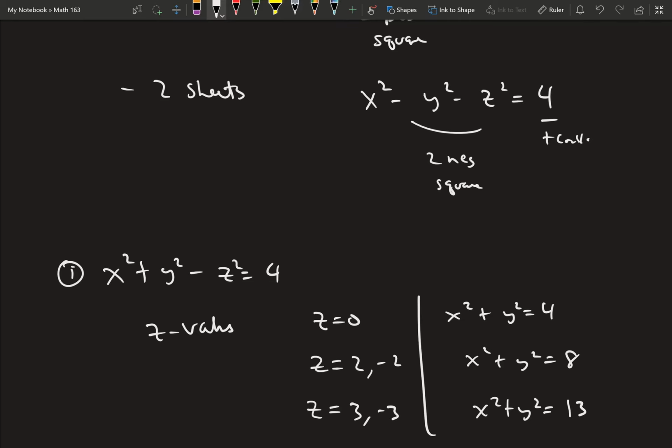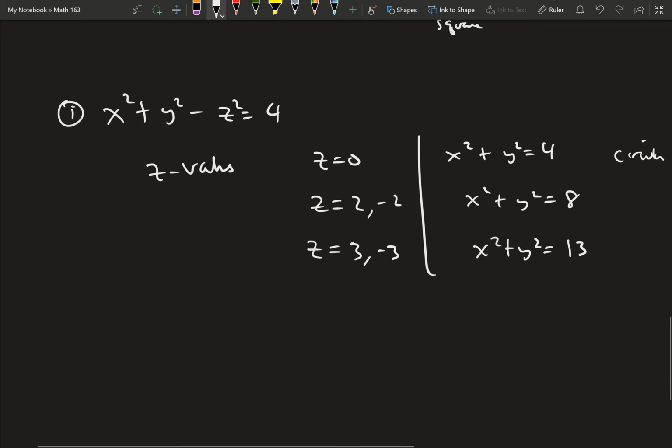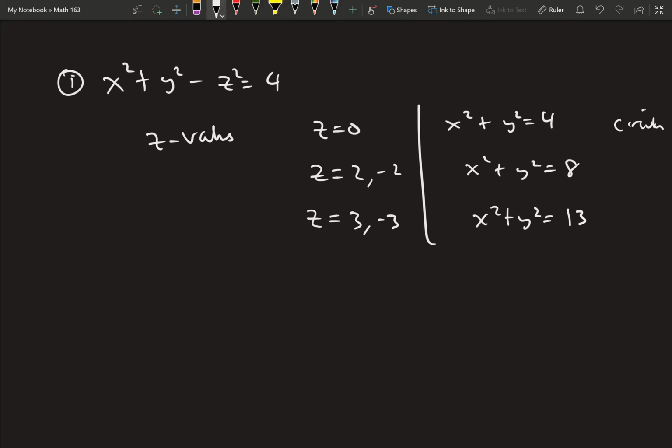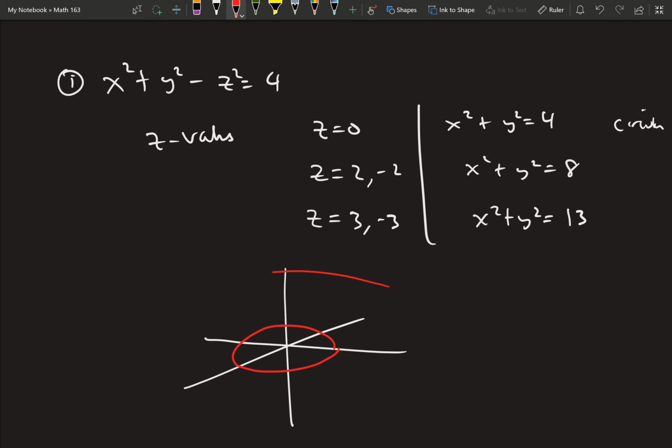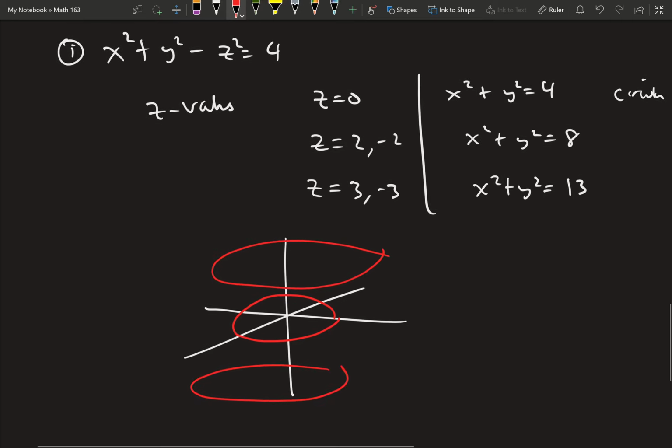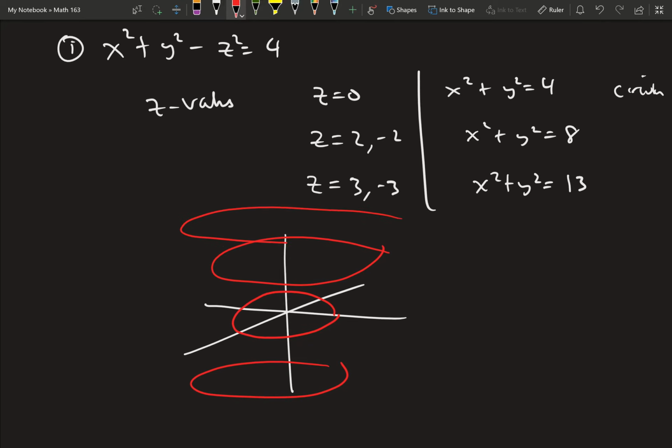So the cross sections here are circular. At z equals 0, we have a circle of radius 2. At plus and minus 2, we have a slightly larger circle. And at plus or minus 3, you'll have yet a slightly larger circle.